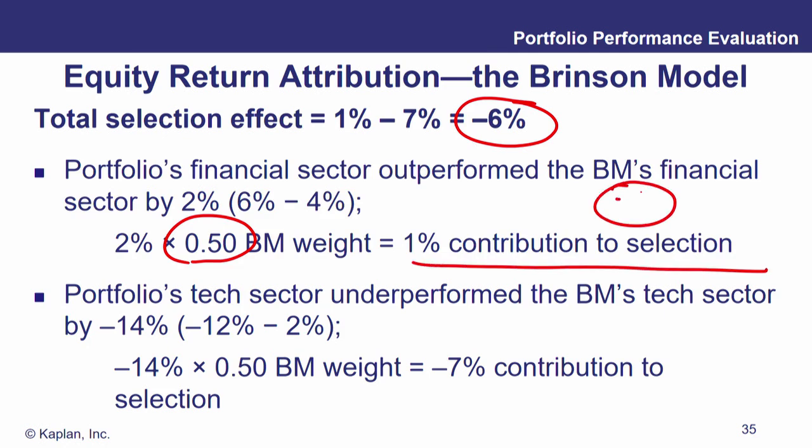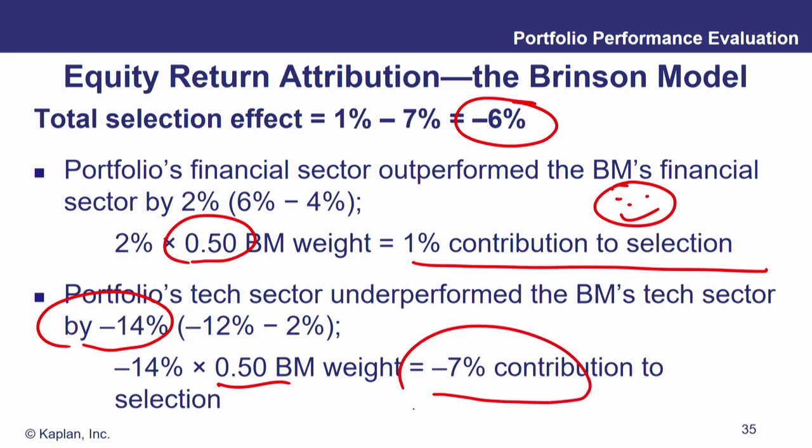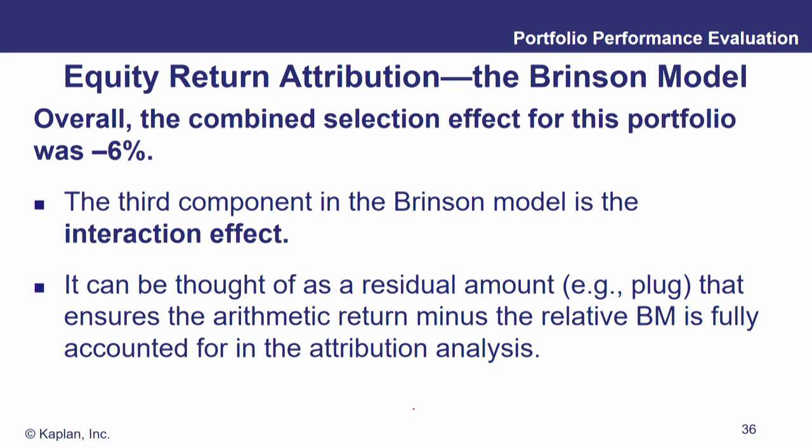That's a big smiley face. I'm happy with that. Now let's look at the tech sector. Not so good. We earned negative 12%, the benchmark earned 2%, so we underperformed the tech sector's benchmark by 14%. Negative 14% times the 50% benchmark weight, we end up with a negative 7 contribution to selection from that tech sector. Overall, the combined effect was negative 6%.